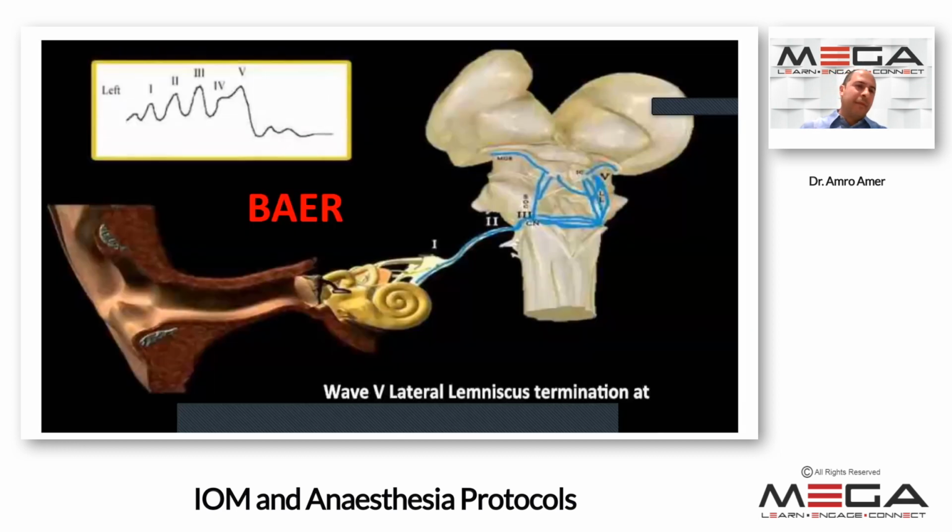For the auditory evoked potential, we have 5 signals, each from a different area. One comes from the nerve, the third comes from the pons, the superior olive. The fifth one is the most important.